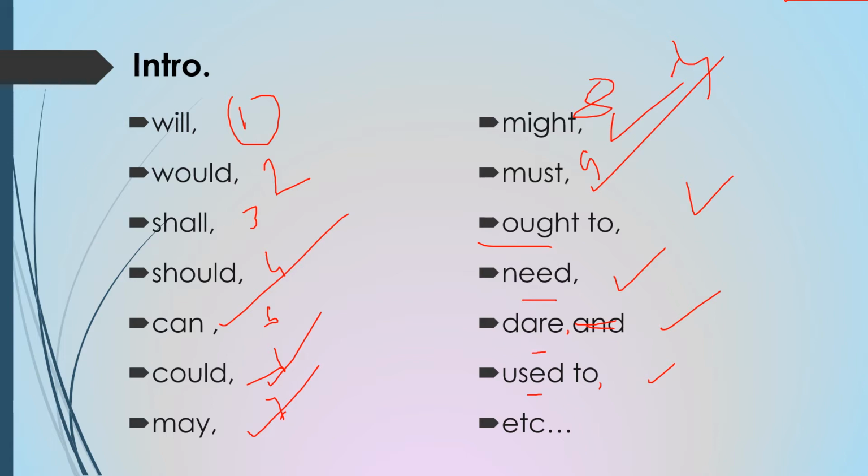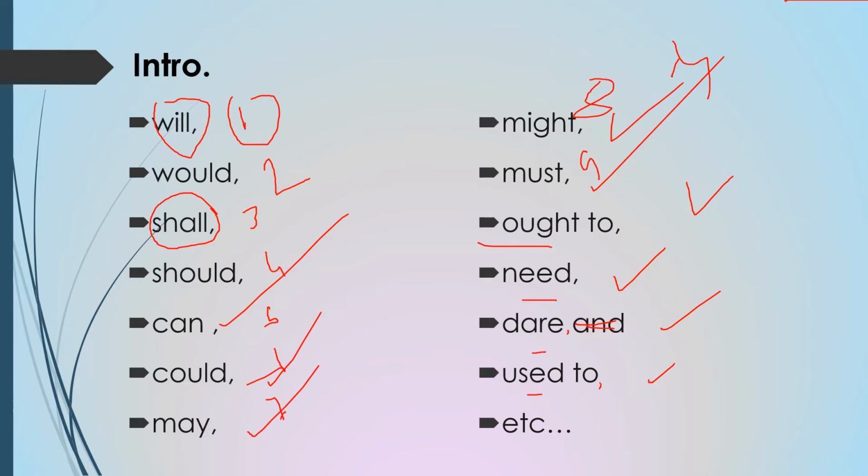So you can see these things, and it is necessary to tell you that will and shall, though we can generate future sentences through these words, in the English language actually it doesn't have any future.